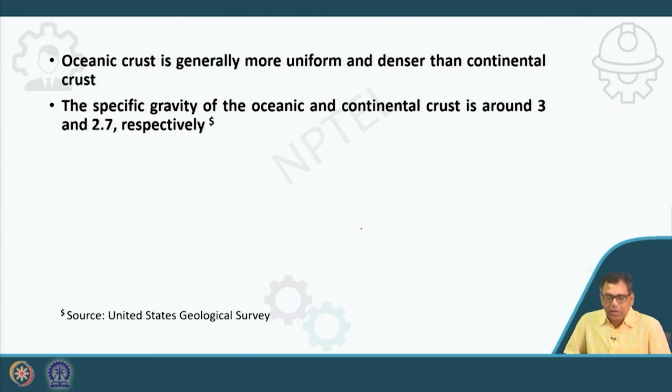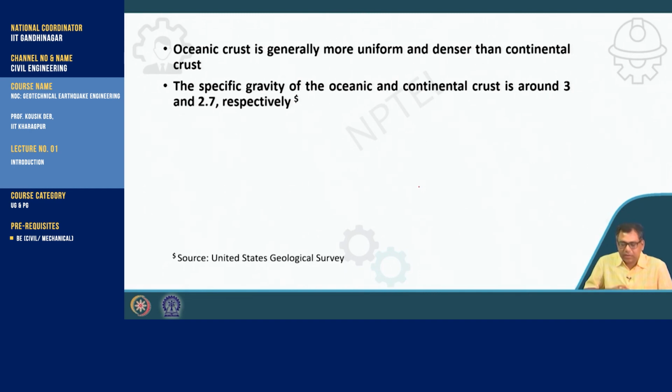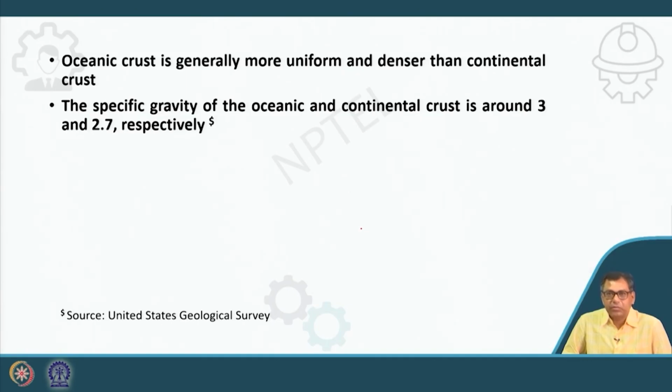The specific gravity of oceanic and continental crust is around 3 and 2.7 respectively, so the density of this rock or the crust will be, for the oceanic crust, around 3 gram per centimeter cube, or unit weight will be 30 kilonewton per meter cube. And for the continental crust it will be 27 kilonewton per meter cube, that is the unit weight of the continental crust.